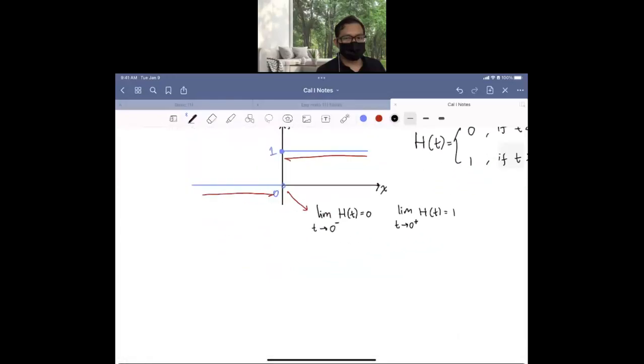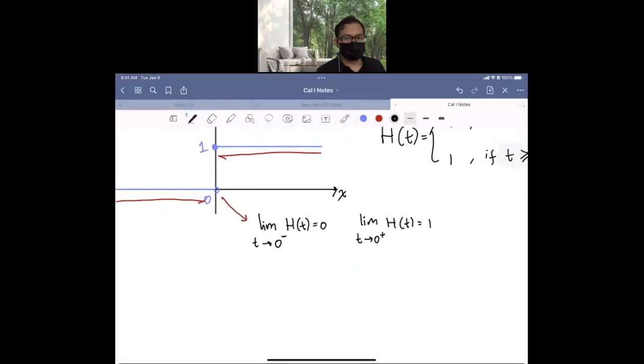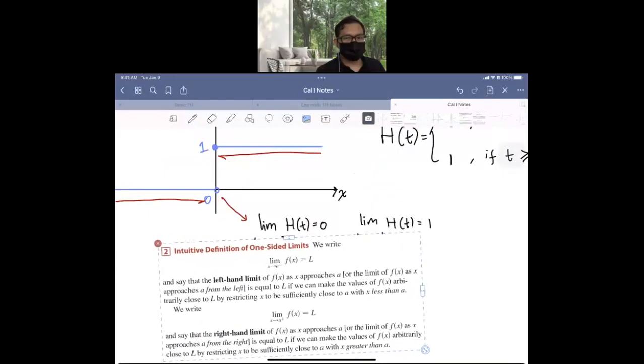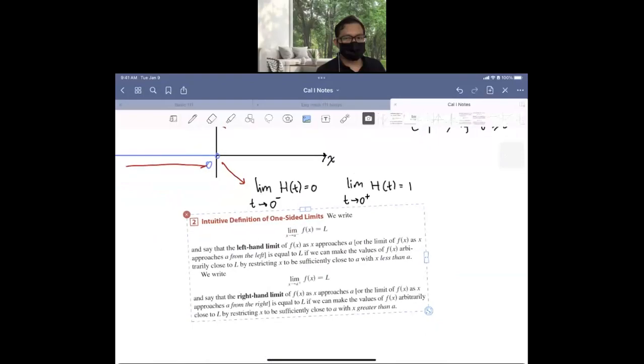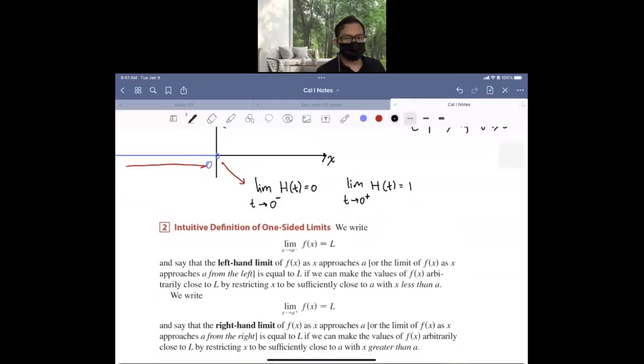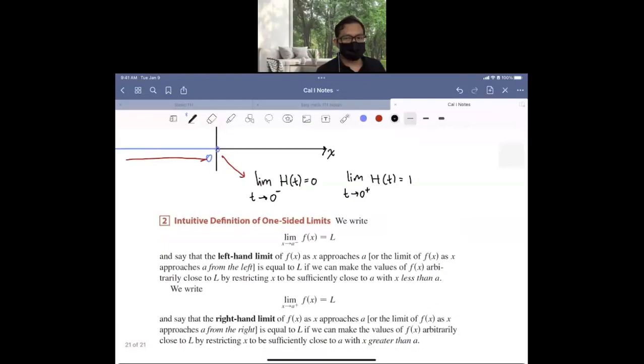Now the definitions. Let me just copy from the book. The idea is actually the same as the previous limit.